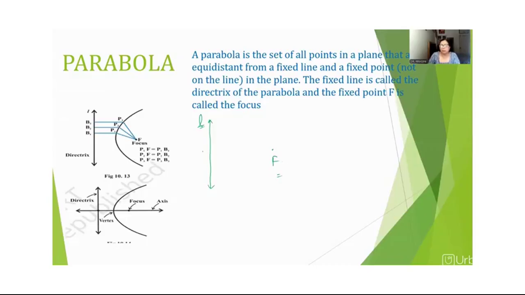So the very first thing will be to draw a line joining this line and this point. The midpoint of this will be the first point which is equidistant from both the line as well as the focus, this point. Now start marking such points. Let's say if I have a point here, this distance will be equal to this distance.